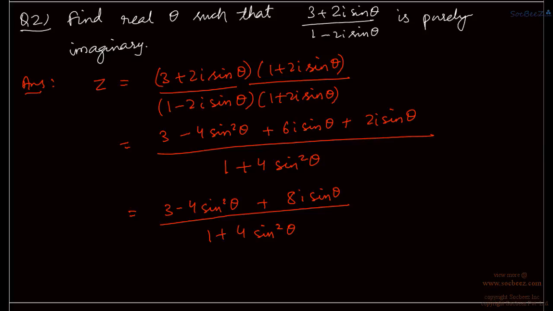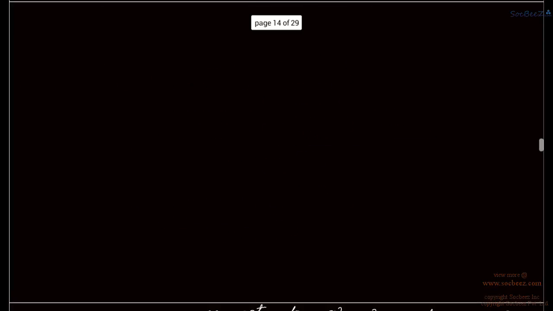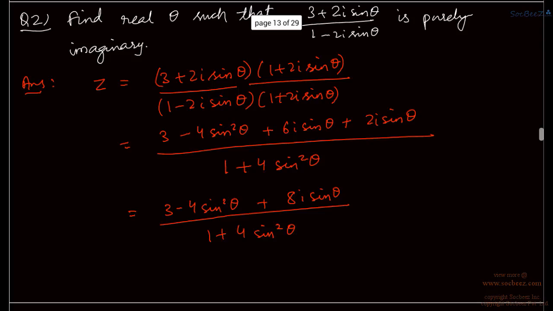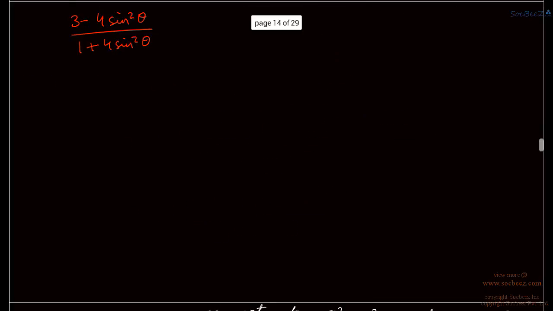Right. Now the question says we have to find the real theta such that it is purely imaginary. That means there is no real part, and that means that the real part must be 0. Hence, 3 minus 4 sin squared theta by 1 plus 4 sin squared theta is equal to 0.